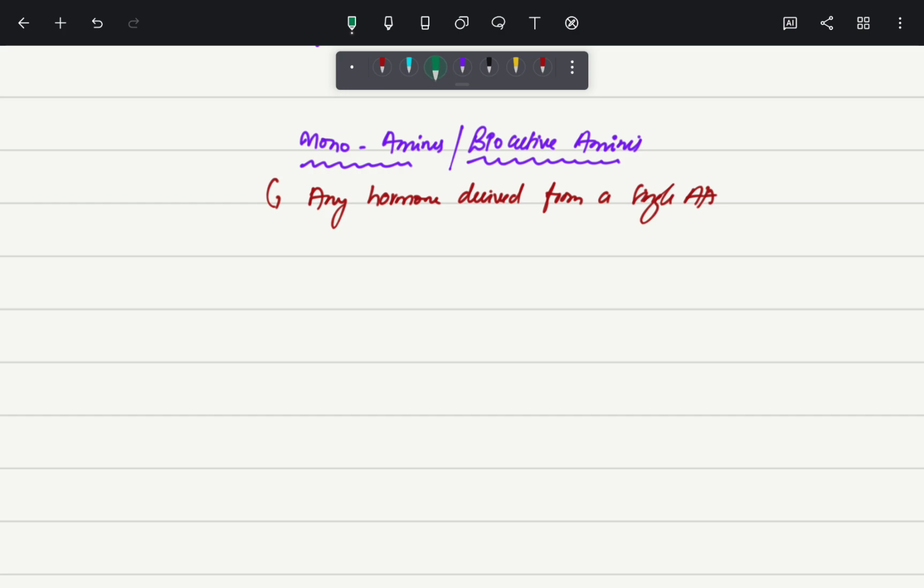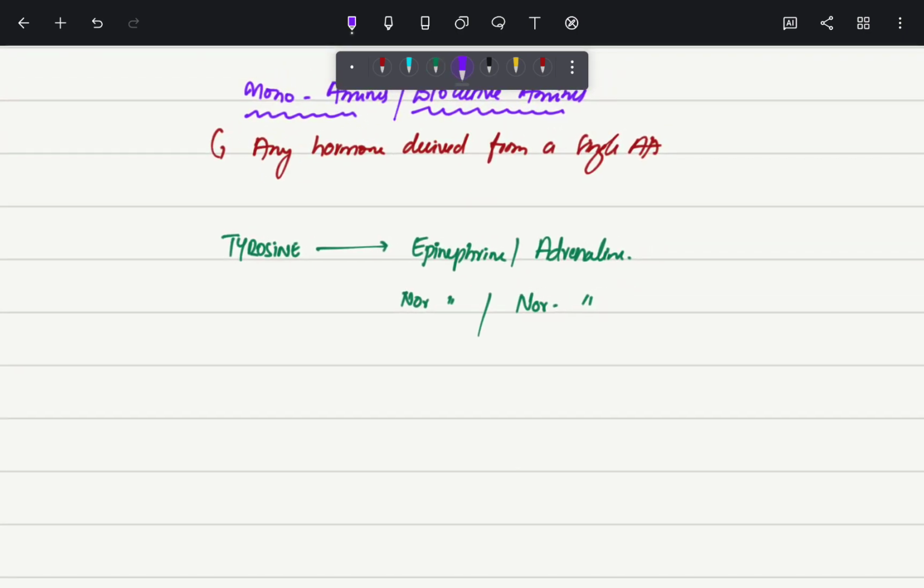So what is meant by this? For example, tyrosine is an amino acid, and this tyrosine can synthesize three hormones such as your epinephrine, which is known as your adrenaline, norepinephrine, which is known as your noradrenaline, and finally the dopamine.